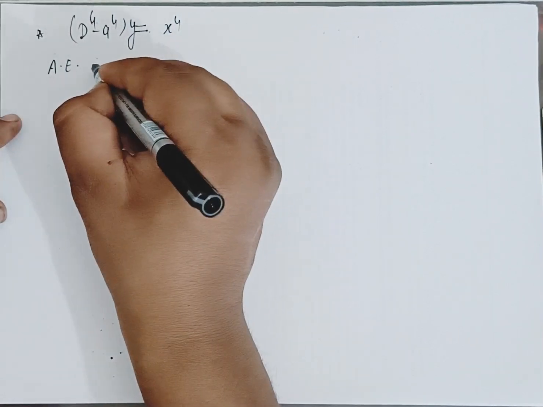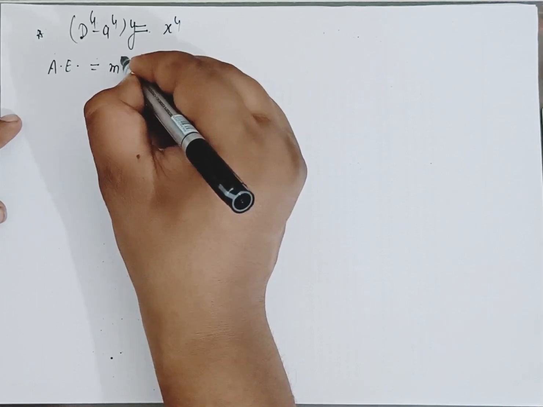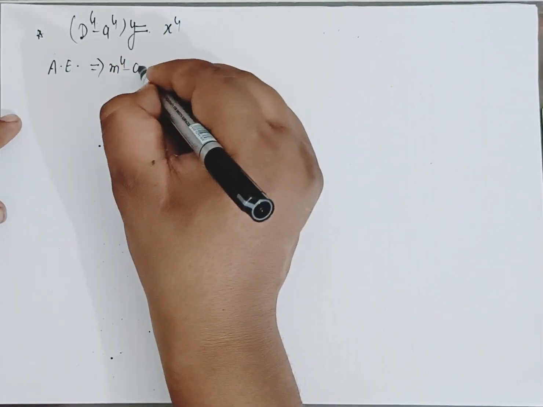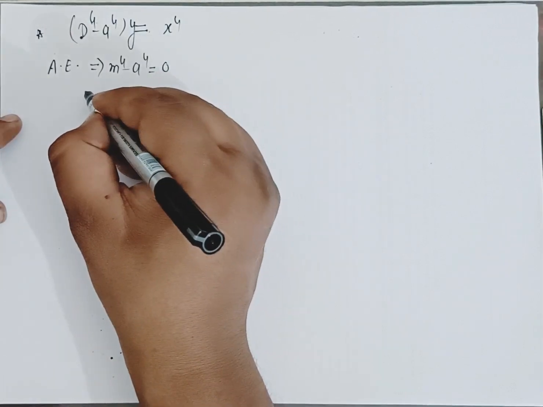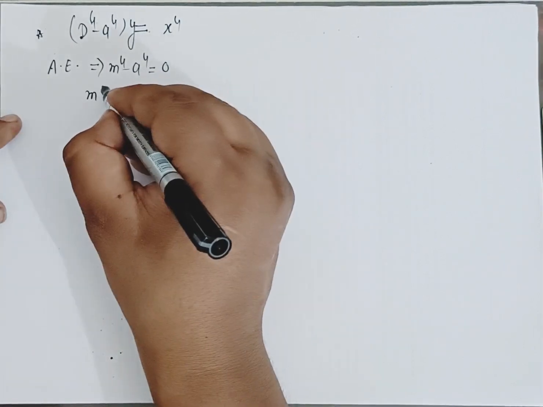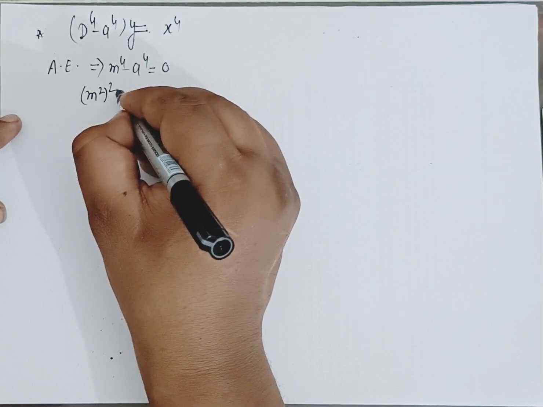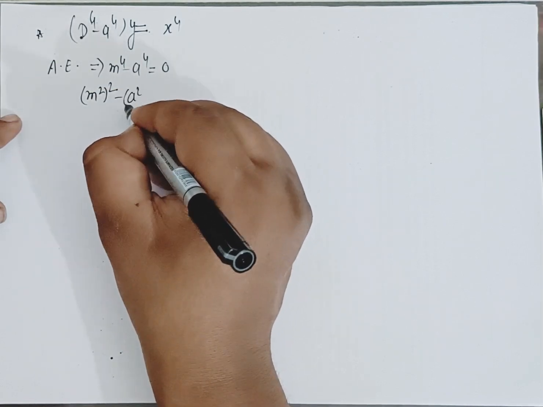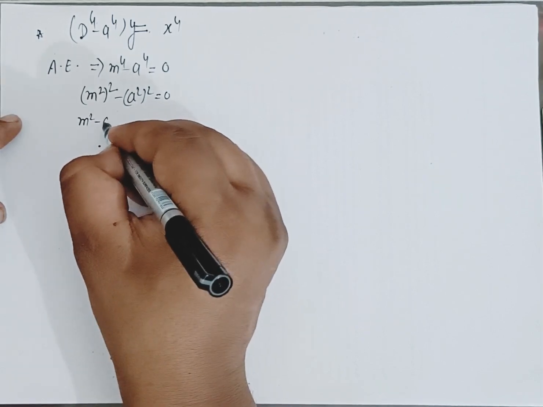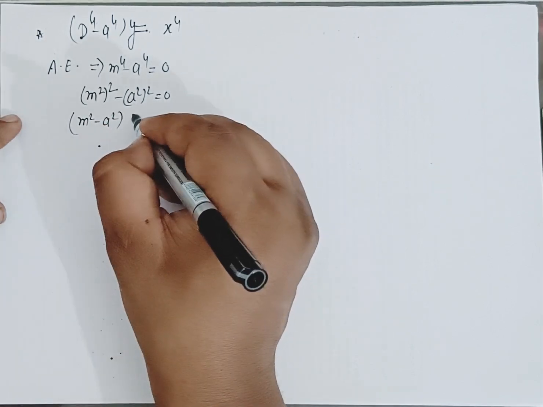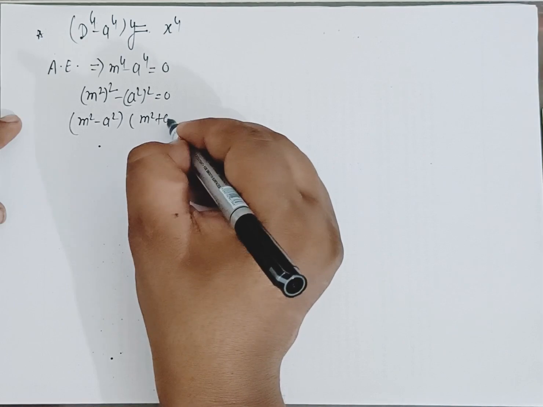So my auxiliary equation will be written as m to the power 4 minus a to the power 4 is equal to 0. So now you can write here m square whole square minus a square whole square equals 0. So you can write here m square minus a square and m square plus a square.